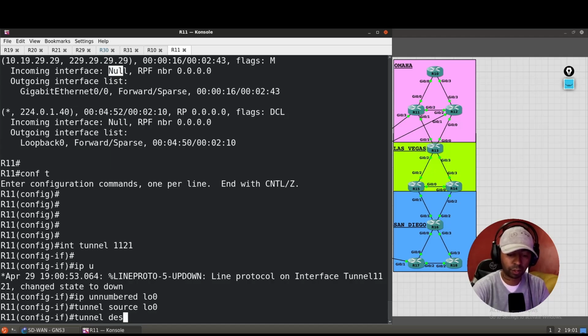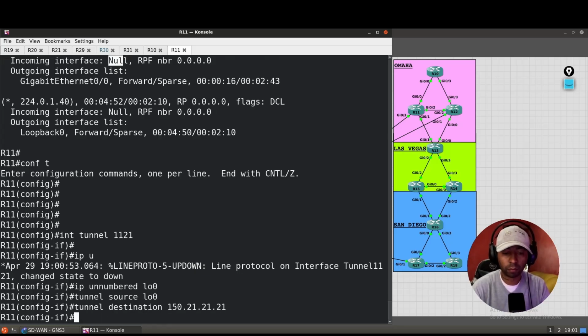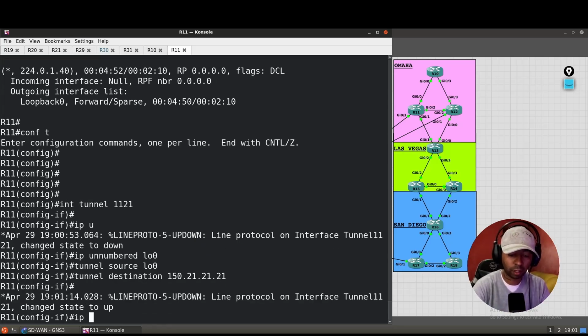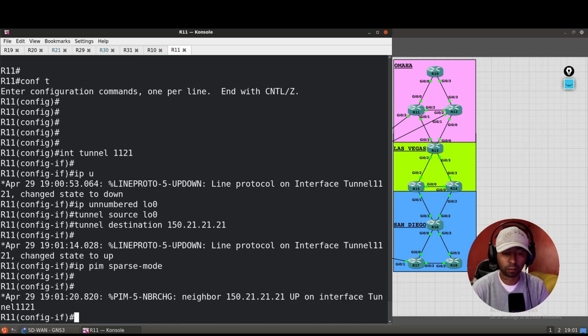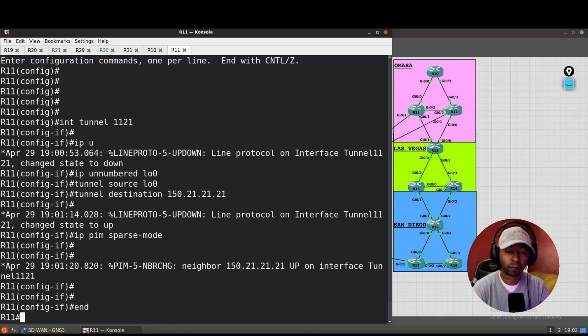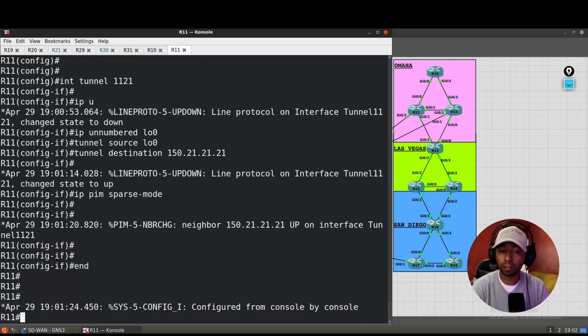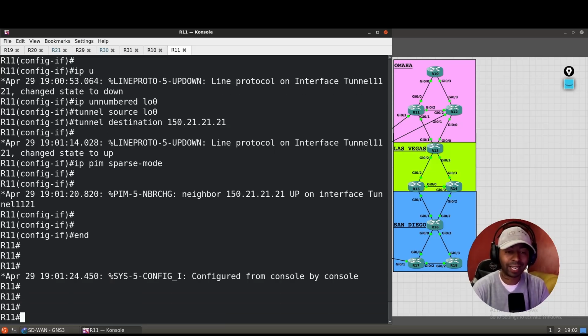Tunnel destination will be 150.21.21.21, and IP PIM sparse-mode here. That's it. We made the tunnel. So let's just see this again. Show IP mroute.